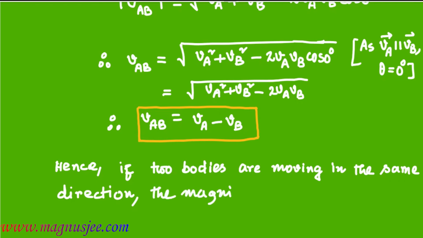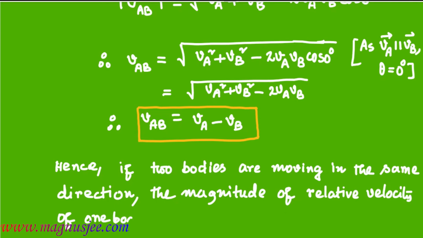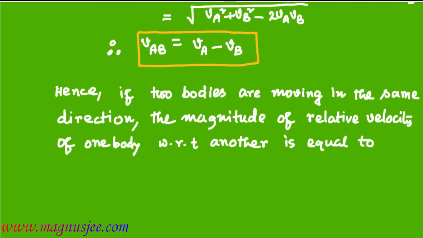the magnitude of relative velocity of one body with respect to another is equal to the difference in magnitude of the two velocities of the body.